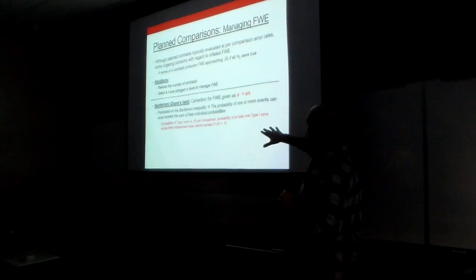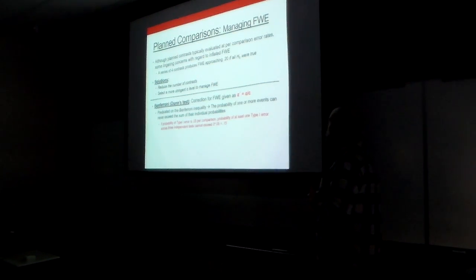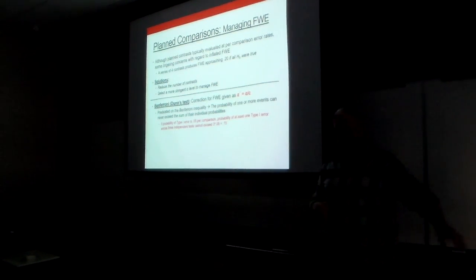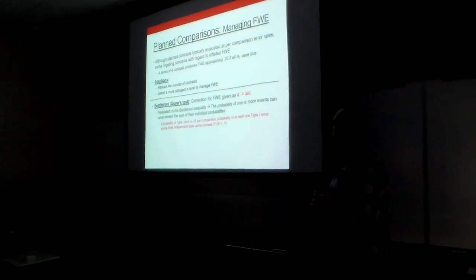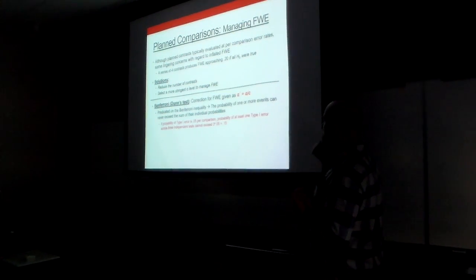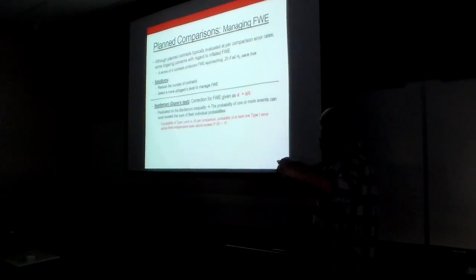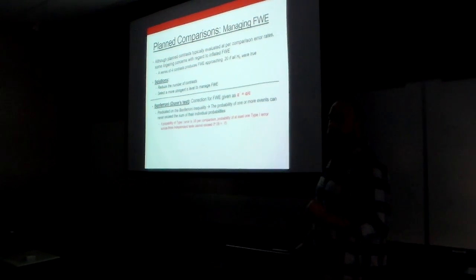So this whole approach is based on the mathematical proof that the probability of one or more events never exceeds the sum of individual probabilities, right? So if my per comparison error rate is 0.05, the probability of at least one type 1 error across these 3 independent tests is now 0.15, right?